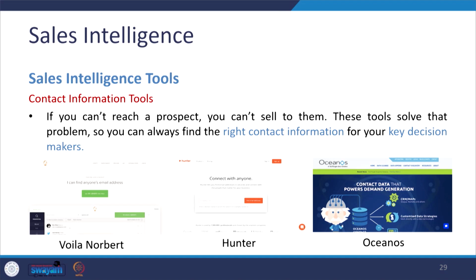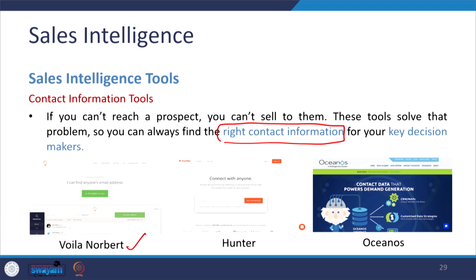Coming to the contact information tools, the last in the basket. If you can't reach a prospect, you can't sell to them, right? So these tools solve that problem, so you can always find the right contact information. It's more like an industry-wide database of key decision makers, where we have examples like Voila Norbert. You just write a name that you identified from the internet.